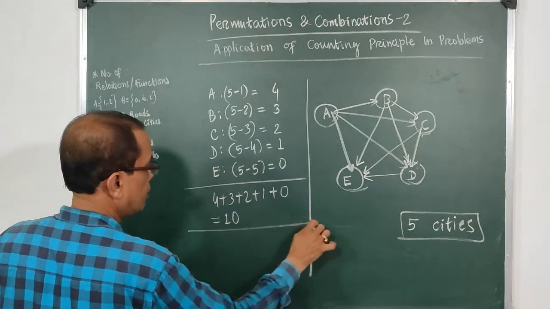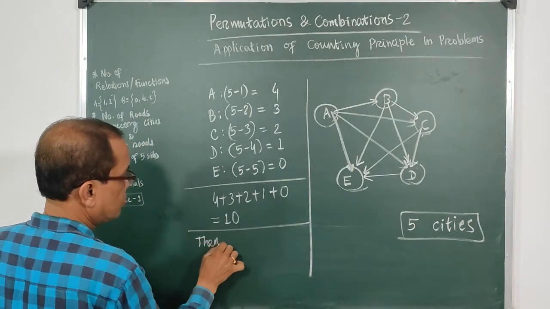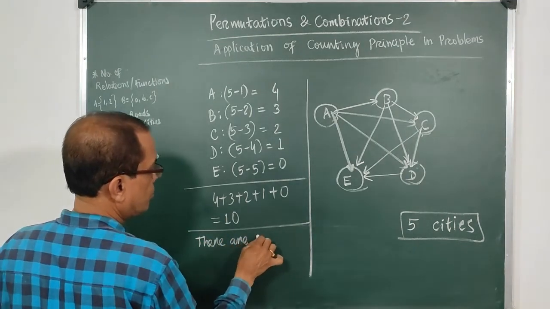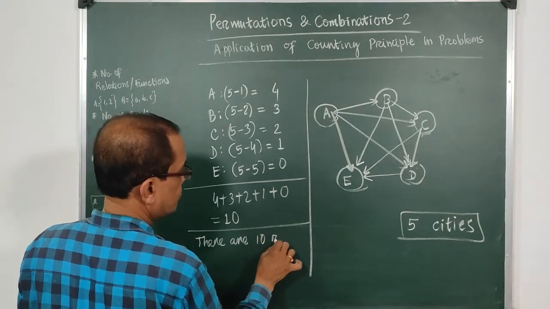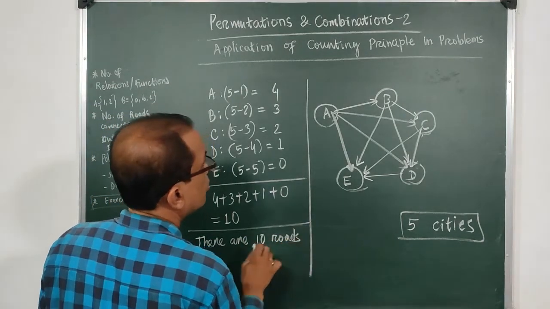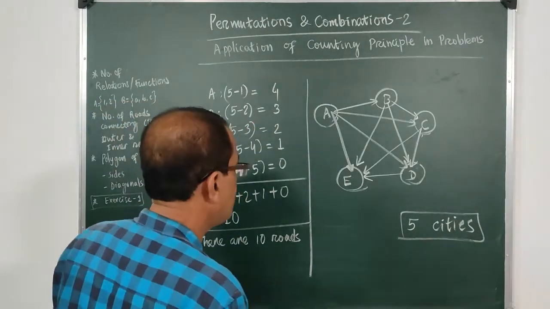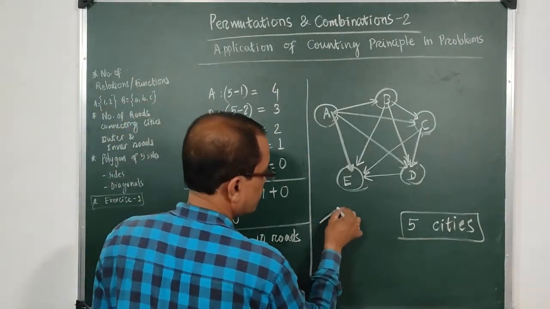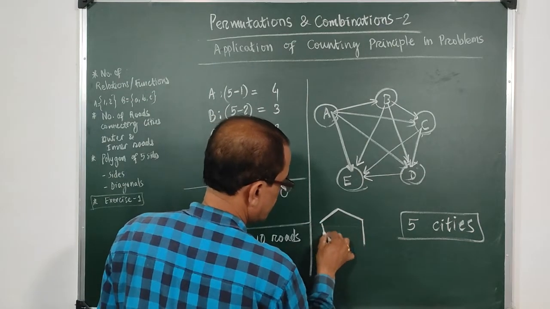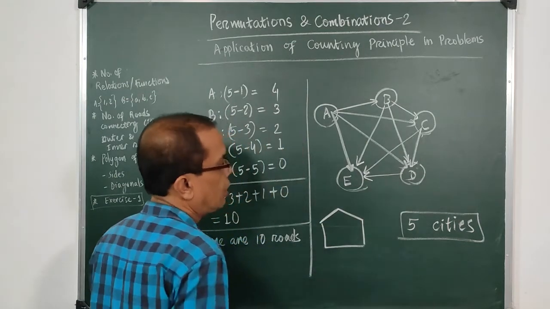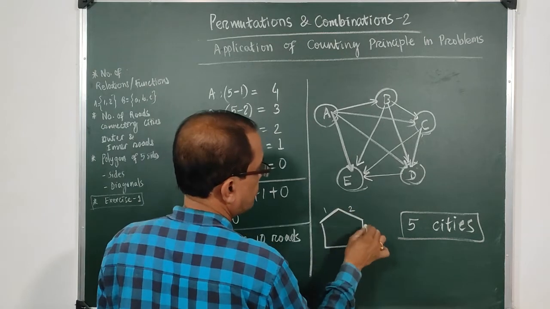So there are a total of 10 roads, and out of these 10 roads, how many of them are outer roads? The outer roads are exactly 5.